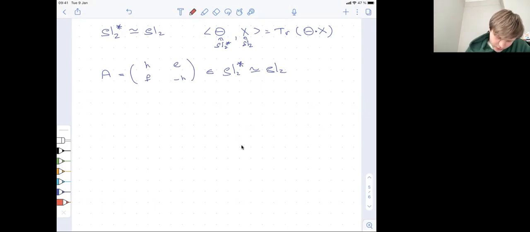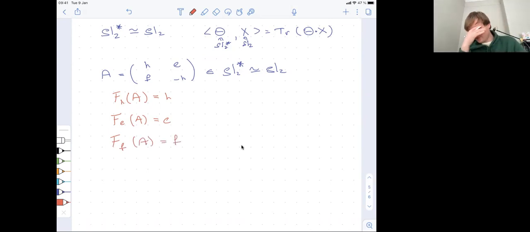Now I want to consider the following functions. f of h of a gives me h, f of e of a gives me e, and f of f of a gives me f. These functions are definitely linear, and moreover, they can be written as traces of a product with some basis of SL2.